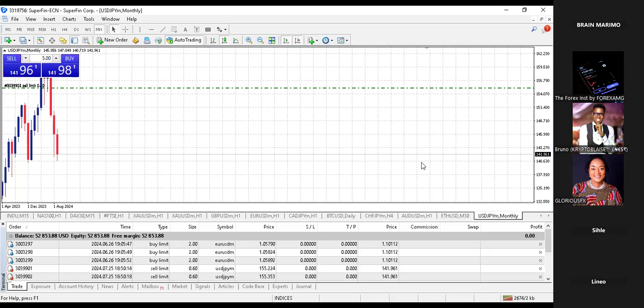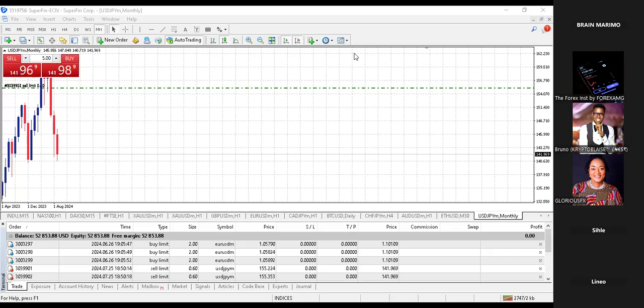Which currency pairs do you normally trade? What currency pairs are we trading out there? What do you find yourself mostly trading?